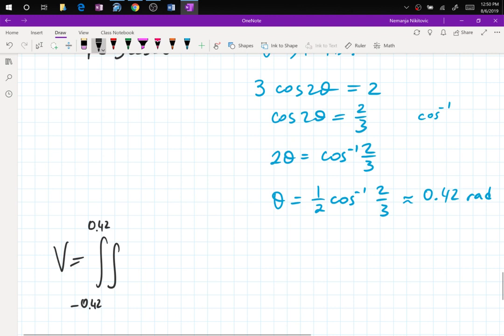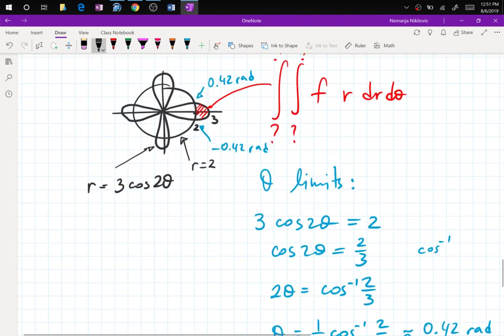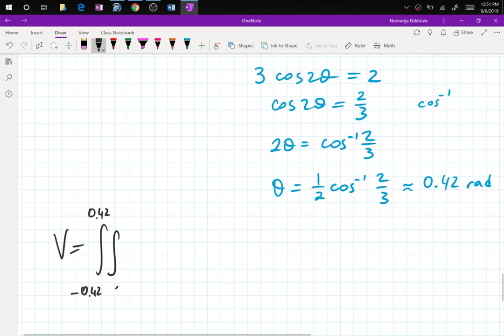The lower function is going to be the circle, so that's 2. The upper function is going to be the flower, which is 3 cosine 2 theta. I didn't give any function here, so just f, and then r dr d theta.